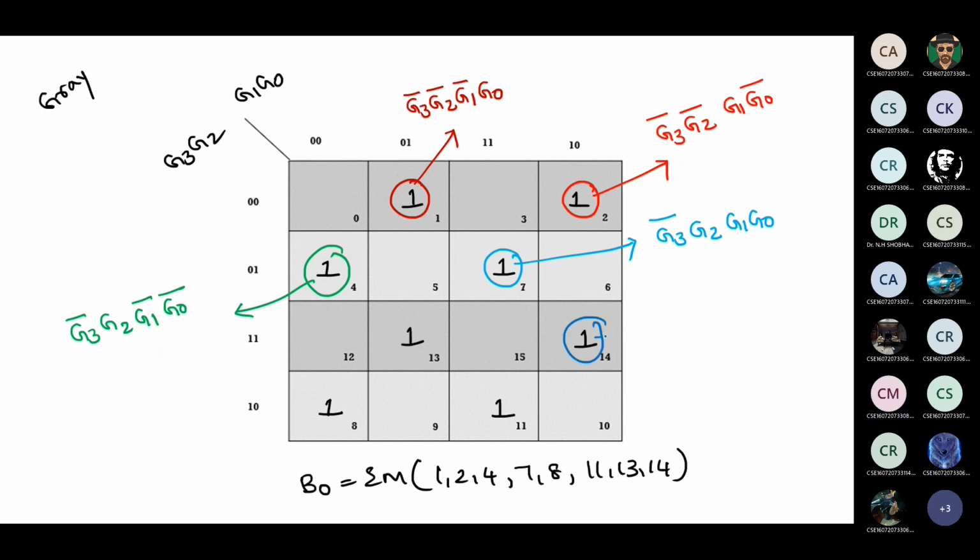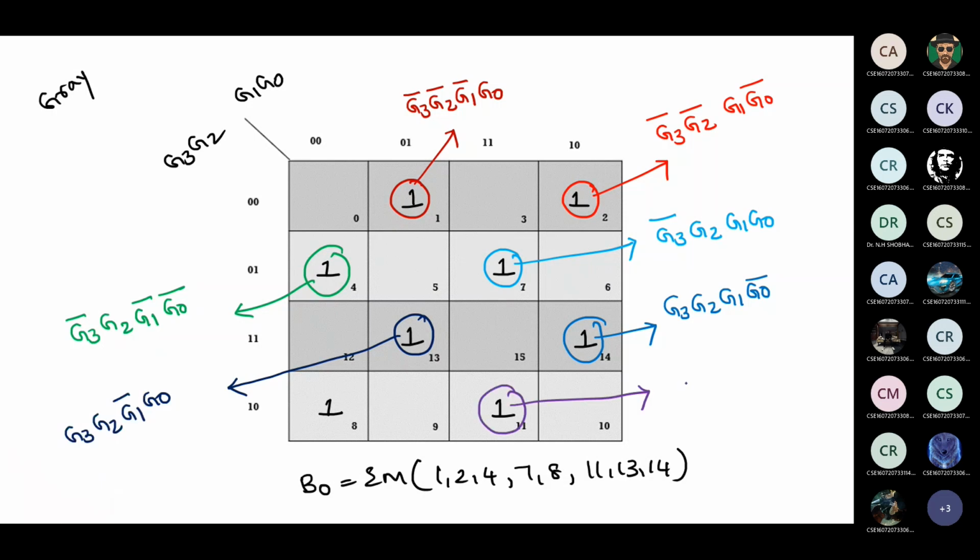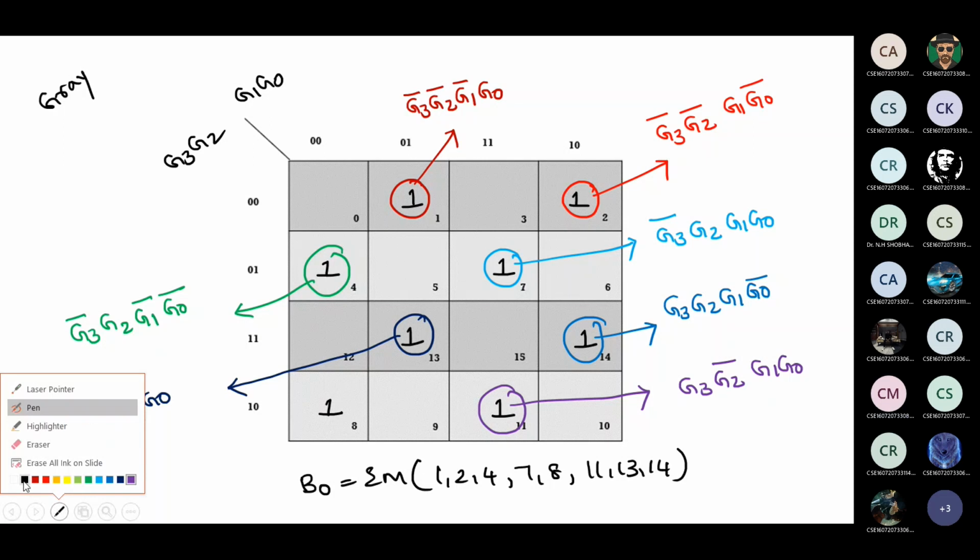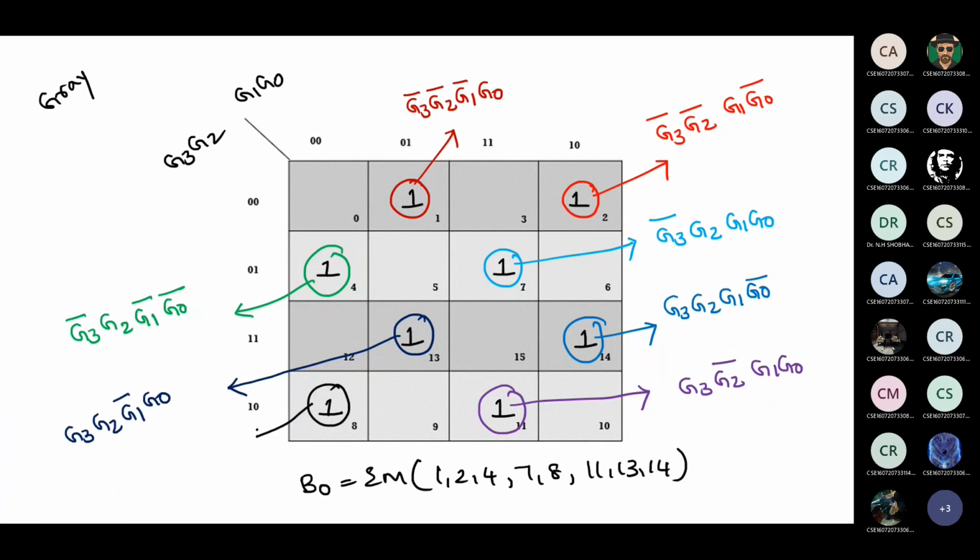Next for 14, G3, G2, G1, G0 bar. For 13, G3, G2, G1 bar, G0. For 11, G3, G2 bar, G1, G0. For 8, G3, G2 bar, G1 bar, G0 bar.